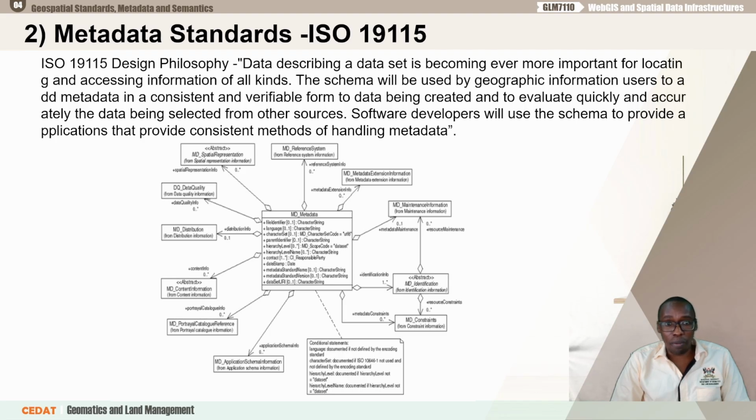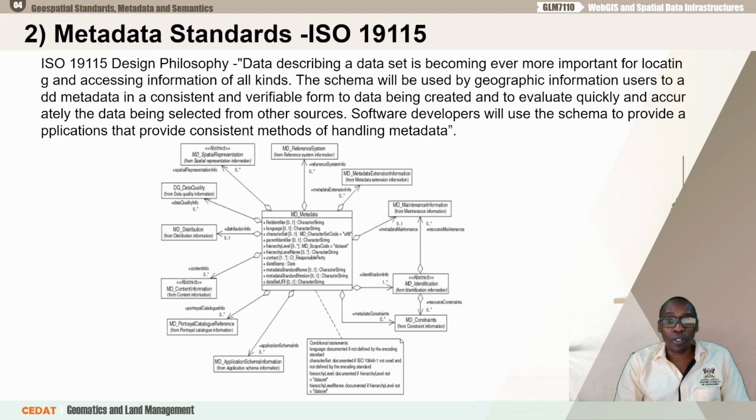So the schema will be used by geographic information users to add metadata in a consistent and verifiable form to data that's being created, and even evaluate quickly and accurately the data that's being selected from other sources. Software developers will be able to use the schema to provide applications that provide consistent methods for handling metadata.